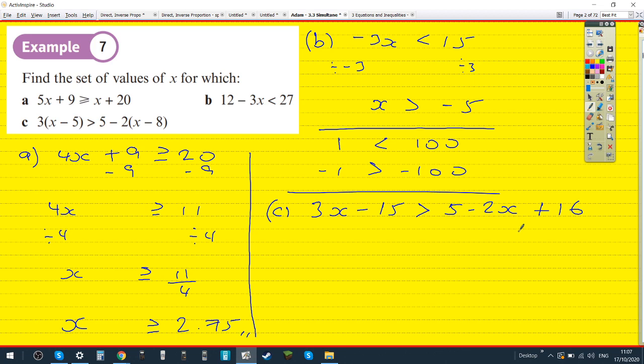And then do we just want x by itself? Yep. That's what you're always aiming for.